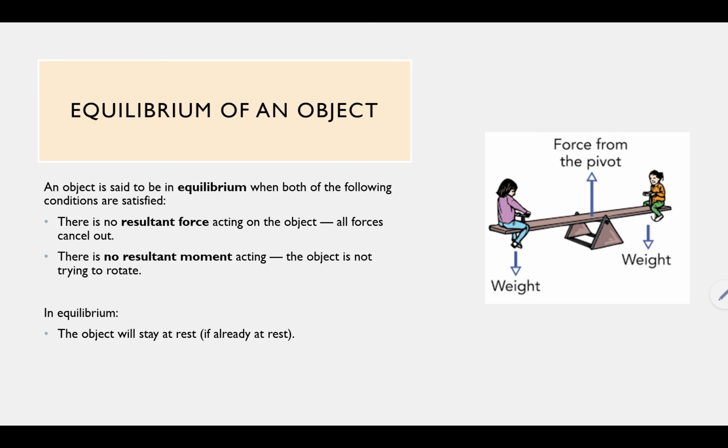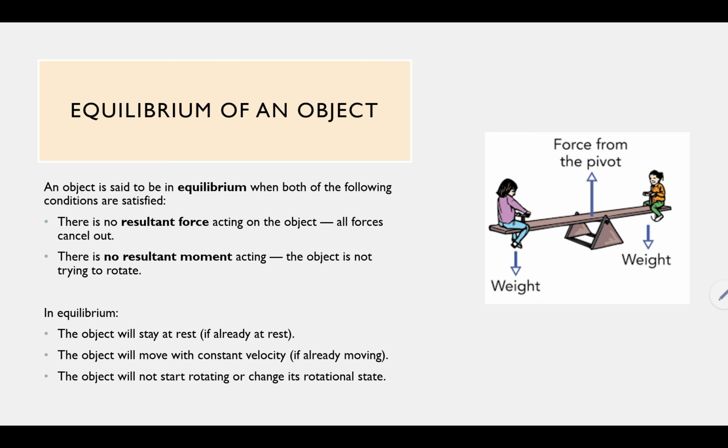In equilibrium, the object will stay at rest if already at rest, and it will move with constant velocity if already moving. May I remind you, which Newton's law does this reinstate? First law, Newton's first law. If you can't remember, you can go back to the first video on forces about effects of forces to recall that. So the object will not start rotating or change its rotational state.